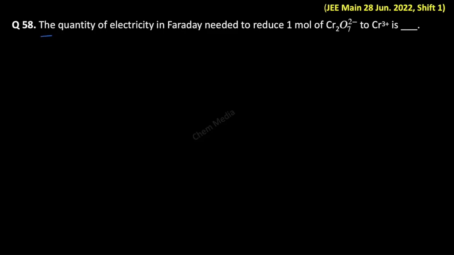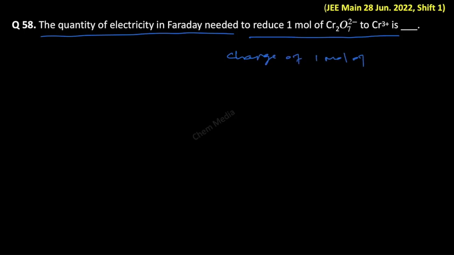The quantity of electricity in Faraday needed to reduce 1 mole of dichromate ion to chromium 3 plus is how much? We know that the charge of 1 mole of electrons is what we call 1 Faraday, because the charge of a single electron is equal to 1.602 times 10 to the power minus 19 coulomb.